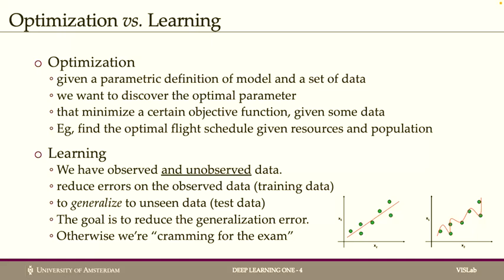The right one really hits every point, so if this is your training data set, the right one has the lowest loss possible. But if you pick another x2 and want to predict which x1 you have, probably the left model is much more generalizable. So this is all about learning by heart versus having a model that actually generalizes.